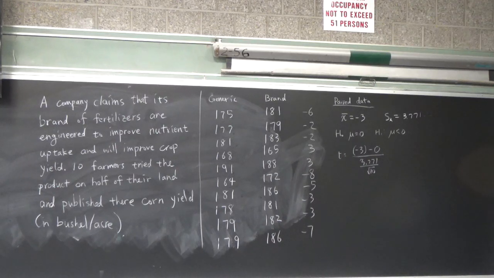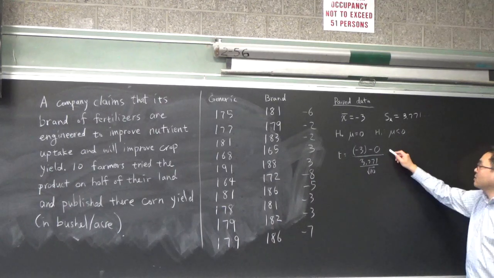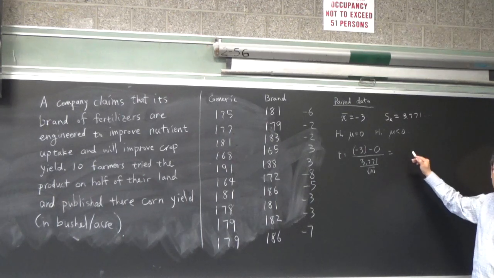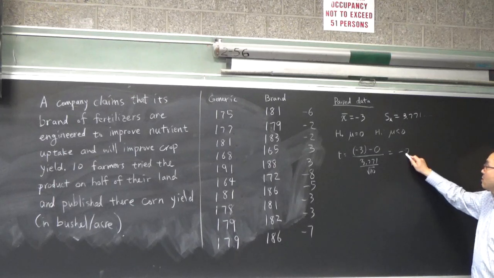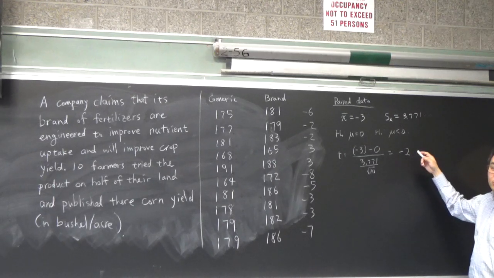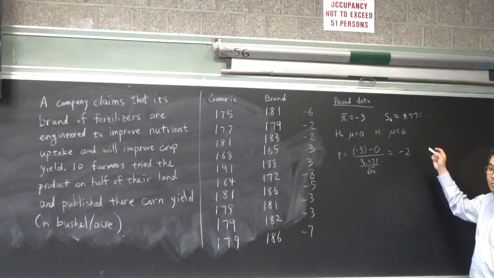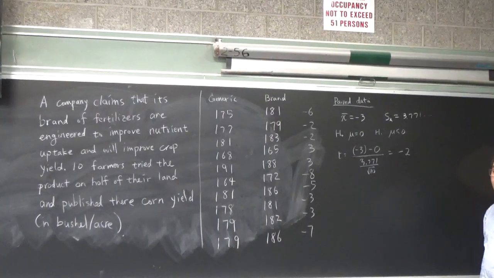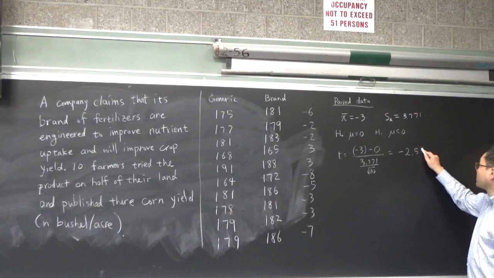And can someone do this for me? What do you get? -2.51. Okay, -2.51.